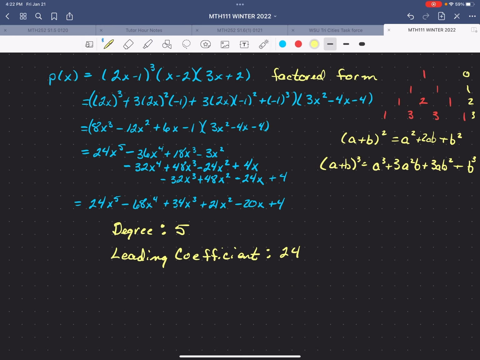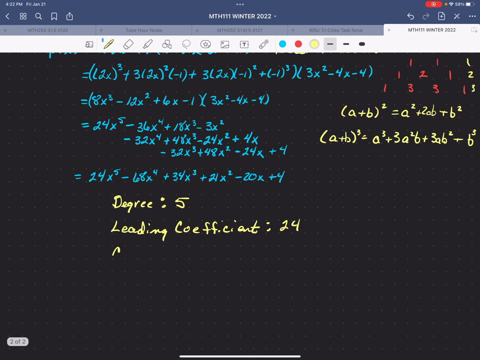And I want something I haven't talked to you about, which is the constant coefficient, or sometimes we call it the constant term. It's the number that doesn't have a variable. It's 4. This guy is the constant coefficient. Okay, so that was the hard way.